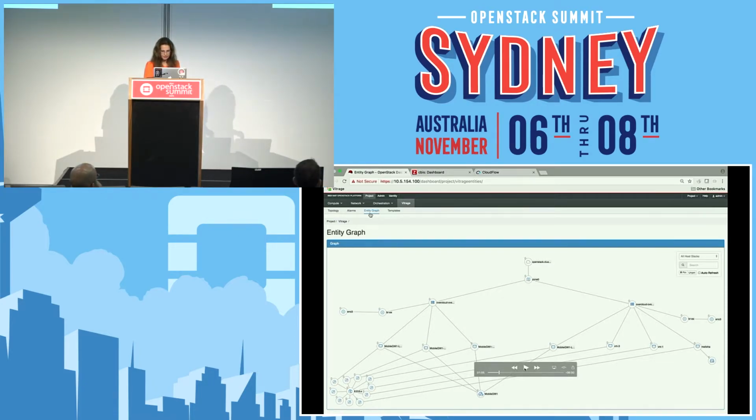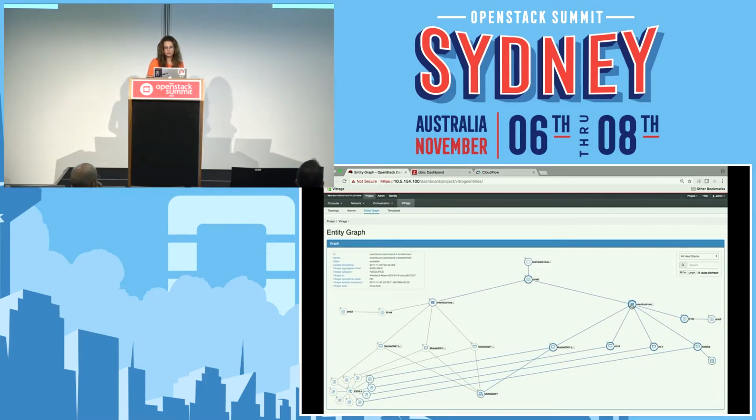Over here, you can see the Nova host, and you can see some properties of this host. You can see Nova instances and the Heat stack, and you can filter by a specific Heat stack to see just the most relevant information.